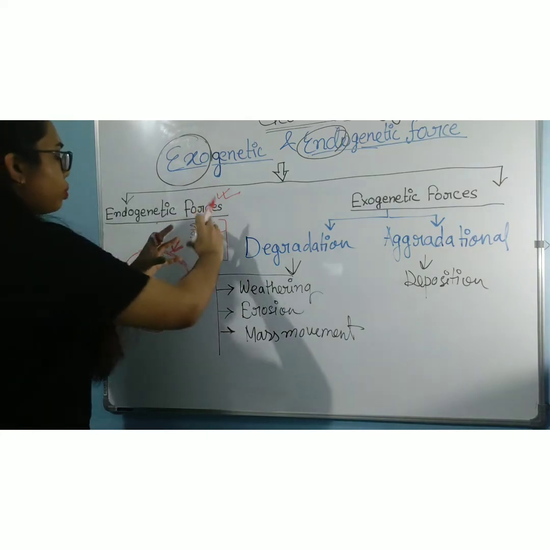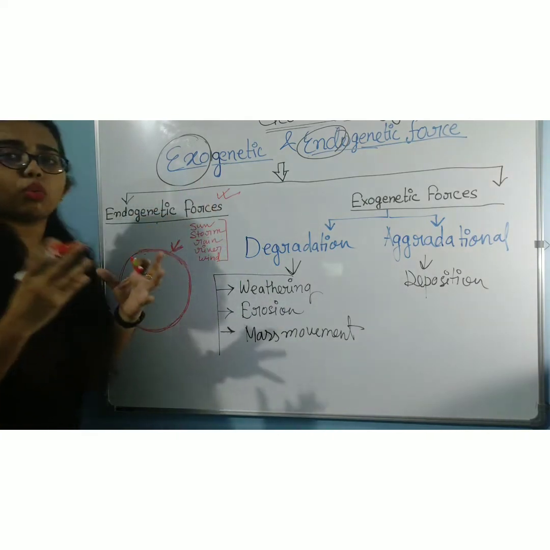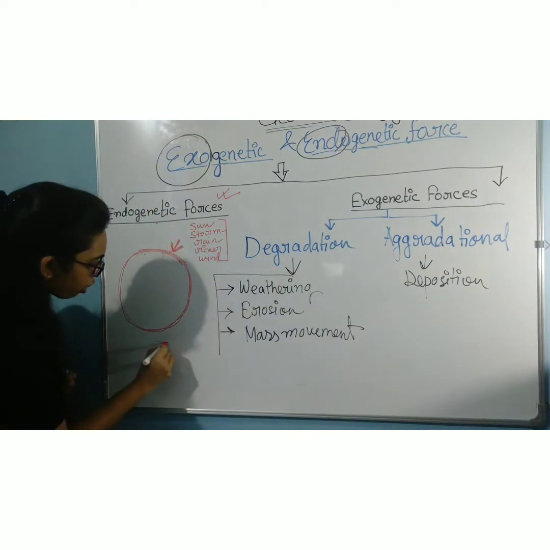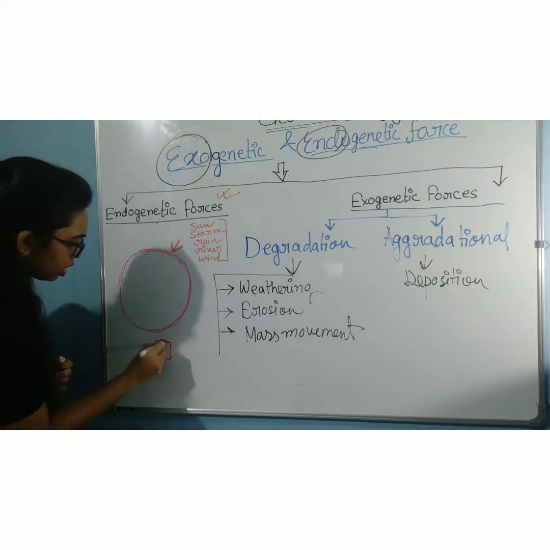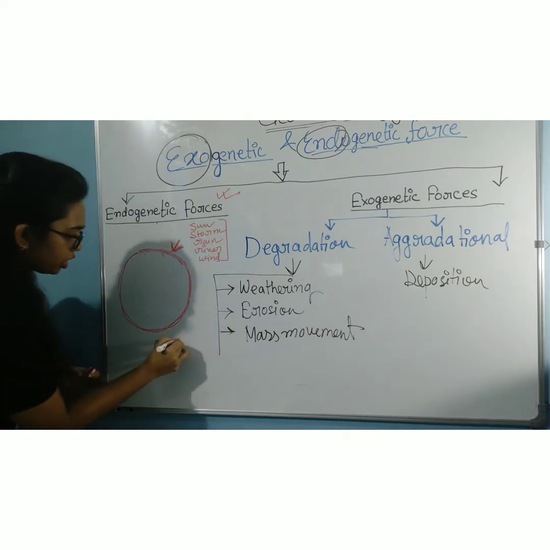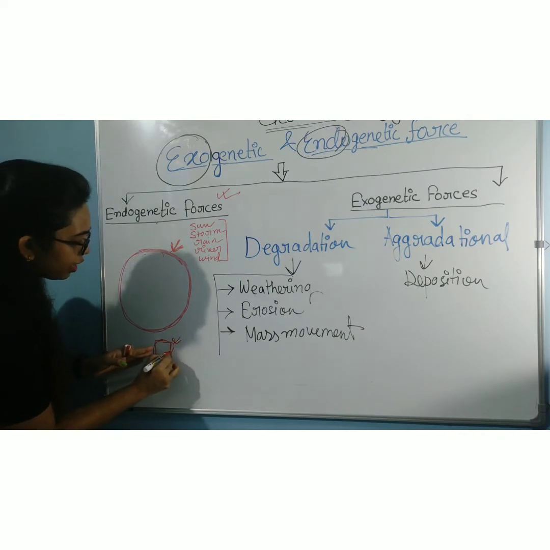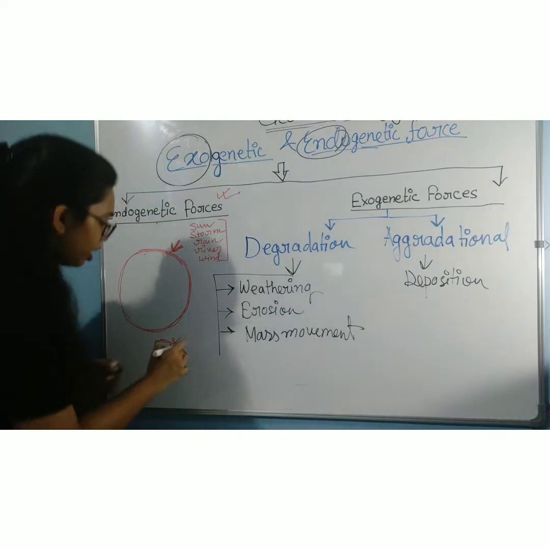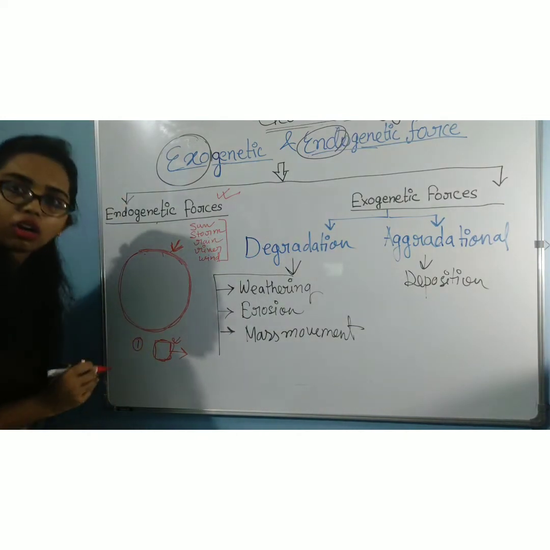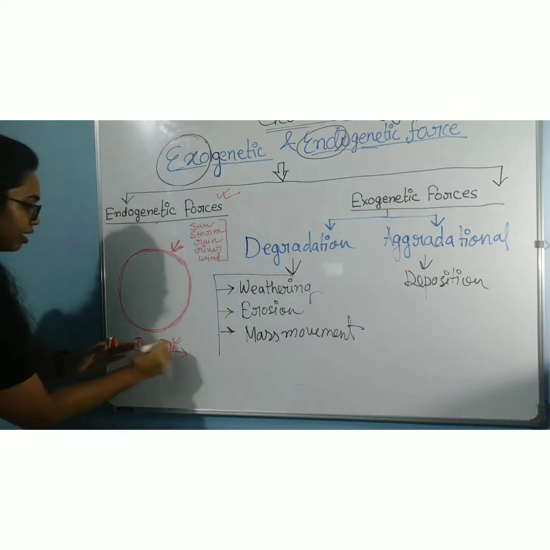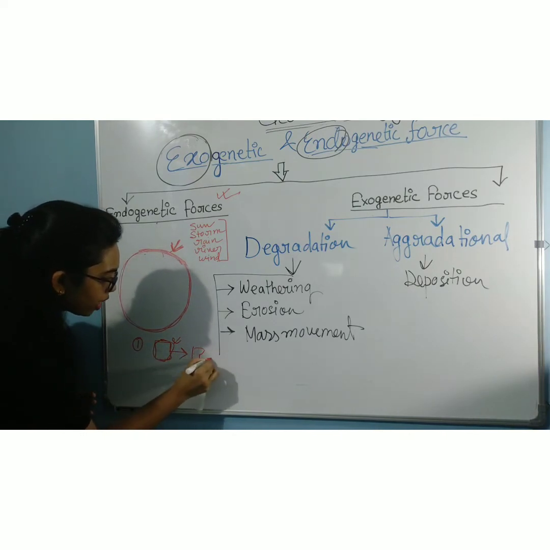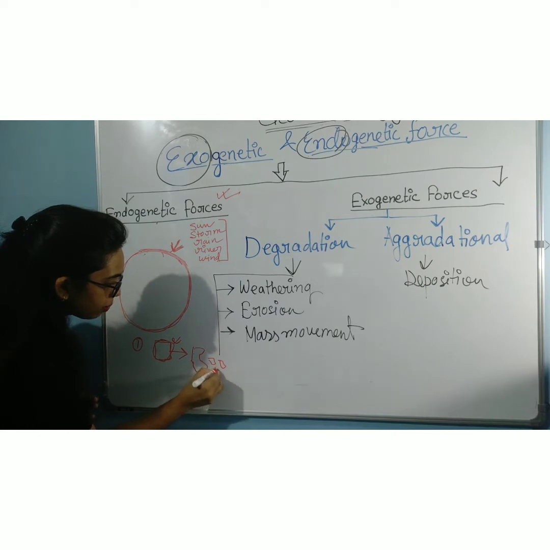So when they work on the surface of the earth, what happens? Suppose it is a rock of the earth. Due to these forces, the rock is getting fragmented, broken into particles. It is the first stage of that rock. This is the main rock and it is broken into particles.